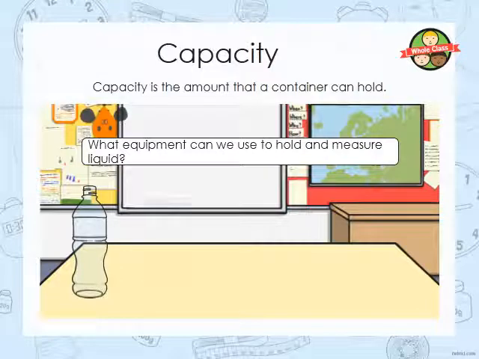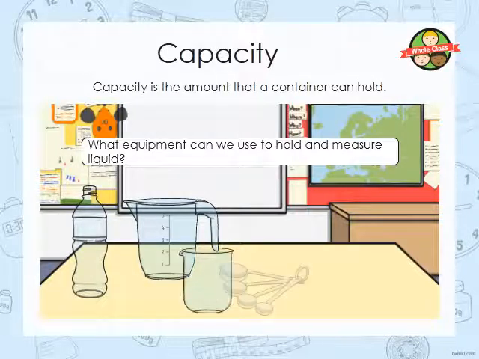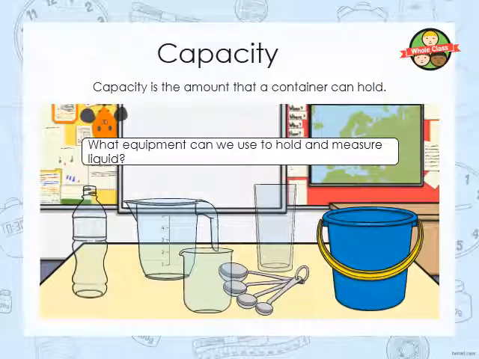Now we have a lot of equipment that we can use to hold and measure liquid. We have water bottle, jug, beaker, spoons, glass and bucket. We use these containers to hold and measure liquid.